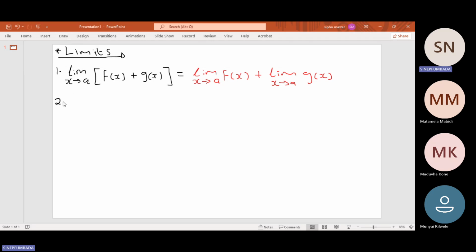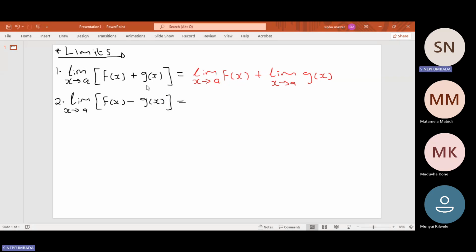The brackets. So let's say now we've got the limit of x approaching a of f at x minus g at x.